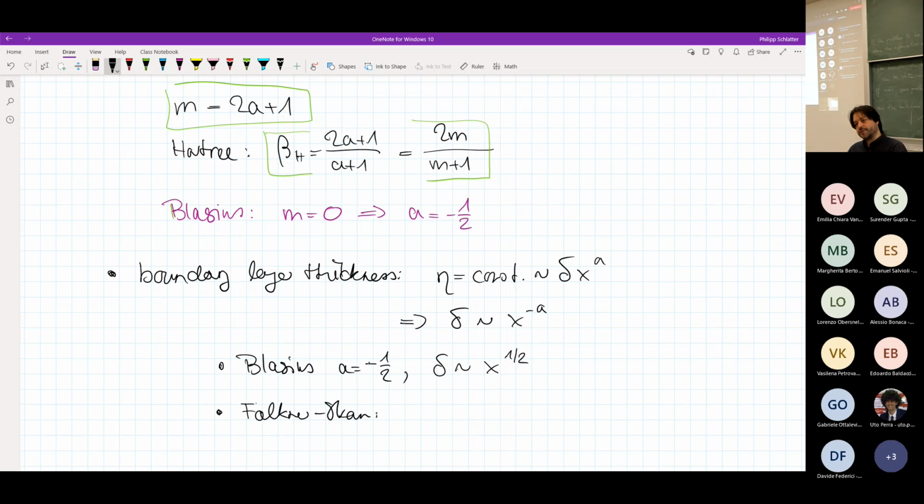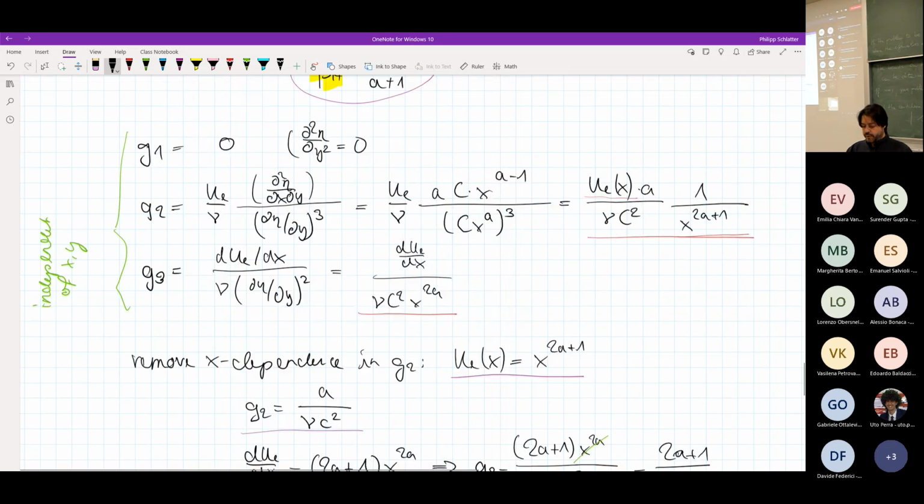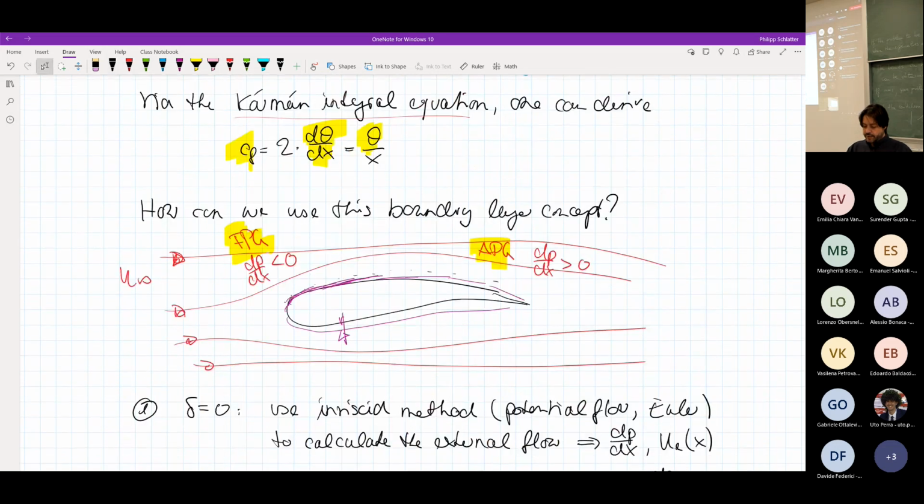If I have a decelerating boundary layer, do I have faster growth or slower growth? Think of the wing: that would be in this region, downstream towards the trailing edge, where we have an APG. How is the boundary layer growing there? Is it growing faster or slower than if it was a flat plate? Faster, yes, exactly. In the worst case, it would even separate. So that would mean it has grown very, very fast.